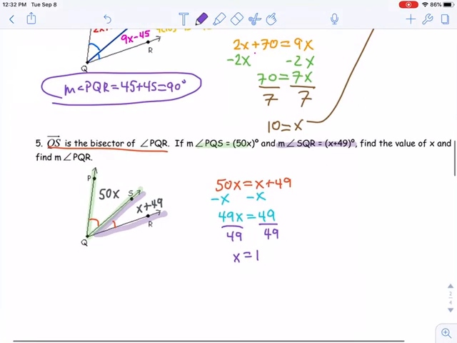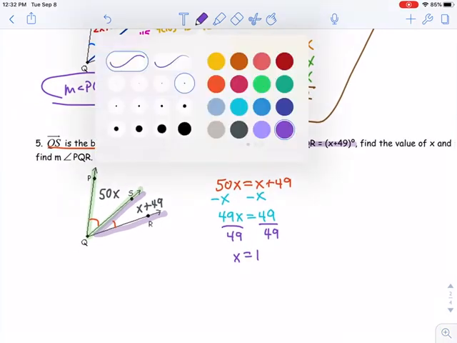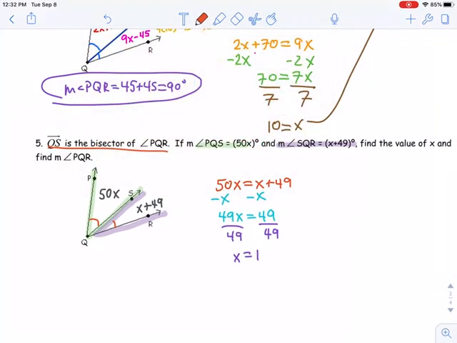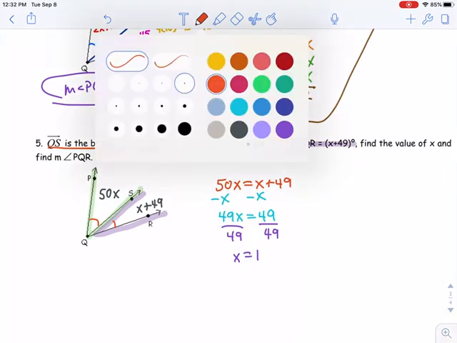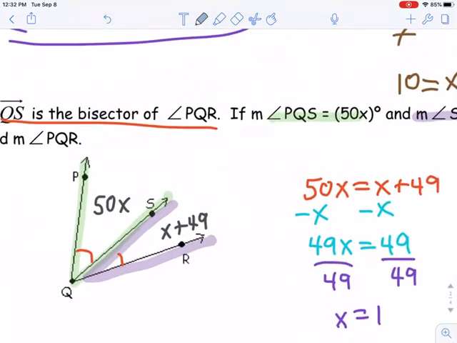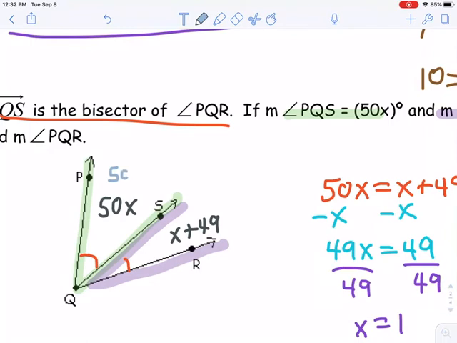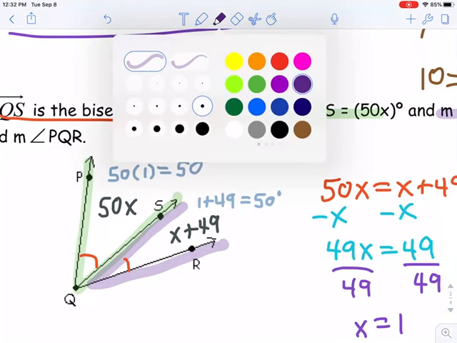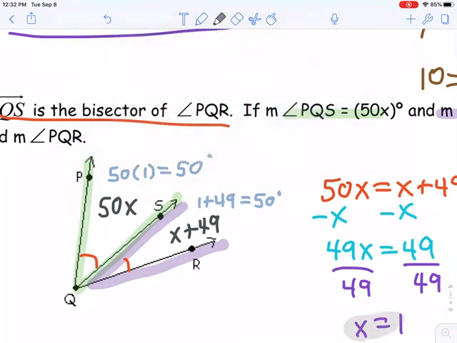But make sure we read the problems because it said find the value of x and the measure of PQR. So same kind of concept here. I'm just going to plug in x for both sides. This is going to be like checking my work as well. Remember, when I'm plugging x in, x equals 1.